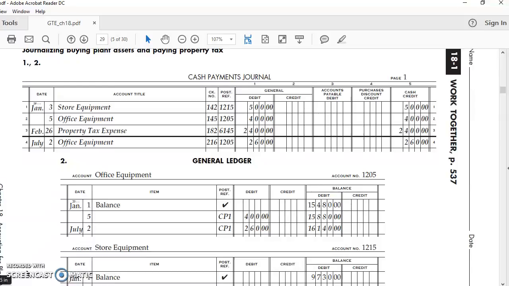We're also talking about the value of an asset, which is assessed value. In this particular chapter, we're going to be dealing with calculating taxes for assessed value. You may have heard your parents talk about the assessed value of their properties.